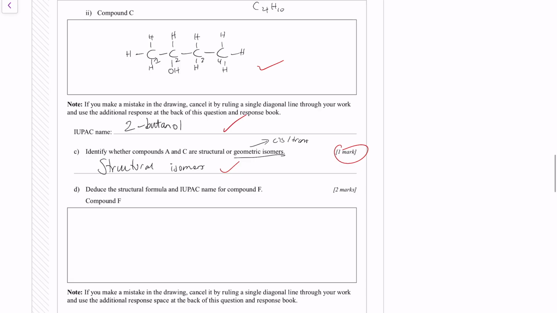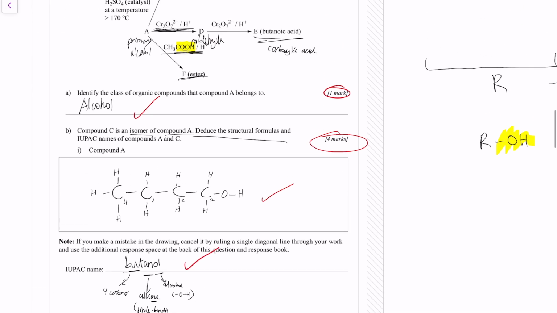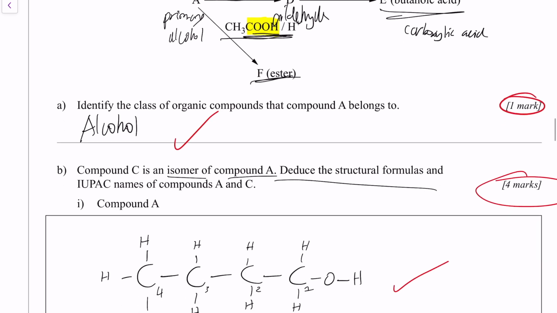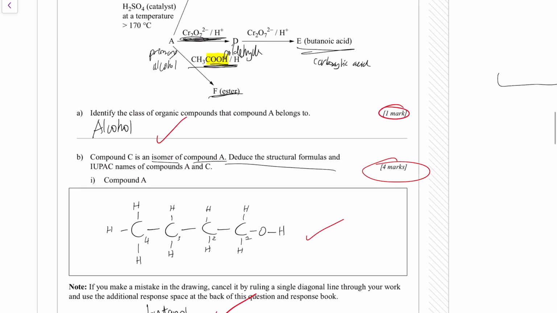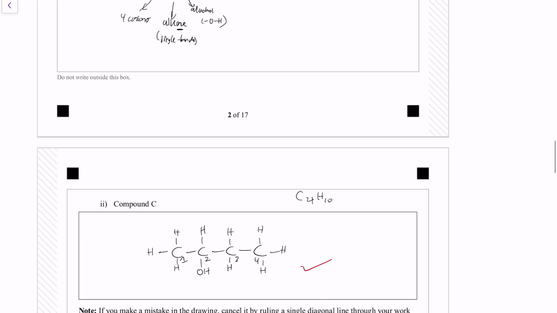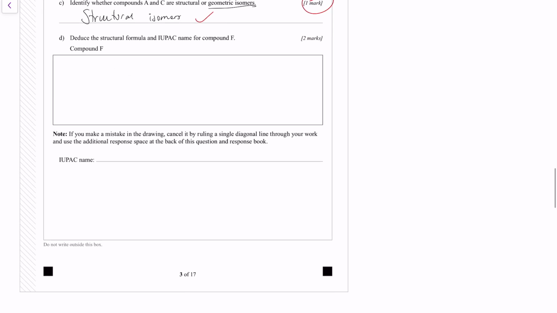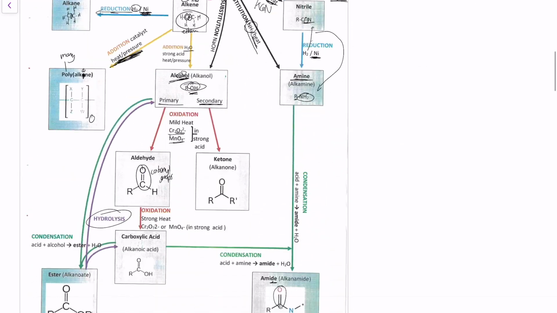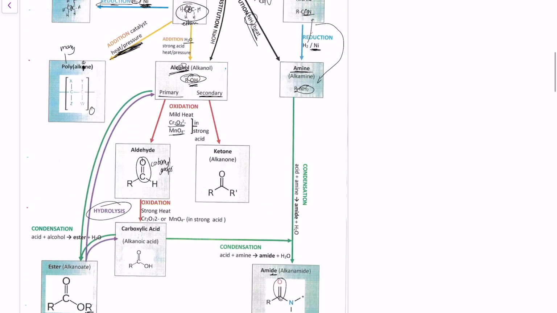Okay, and so we know that if we add a primary alcohol to a carboxylic acid, we make an ester. We need to think about what happens there, and this is going back to the pathways, trying to explain why a condensation of alcohol plus carboxylic acid will make an ester.